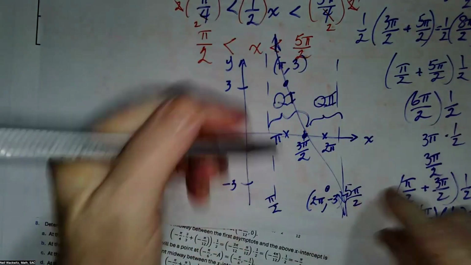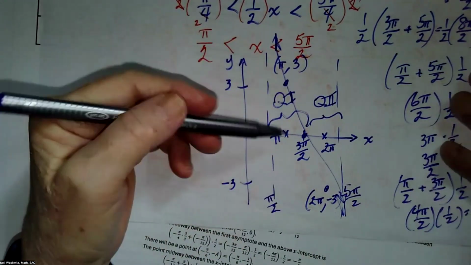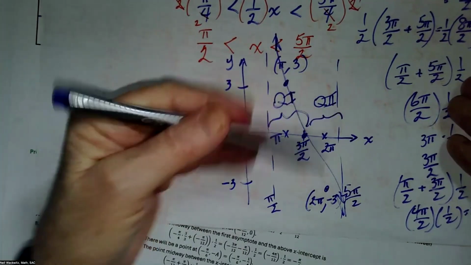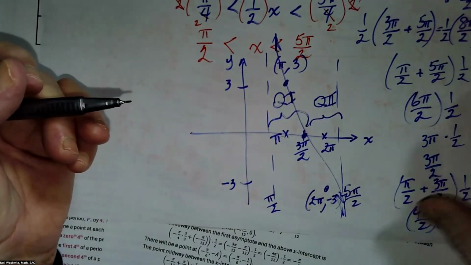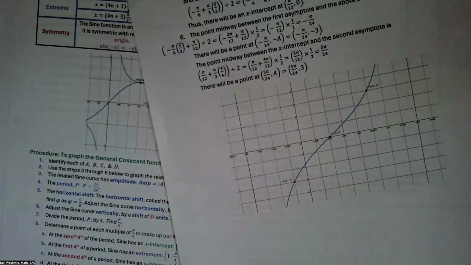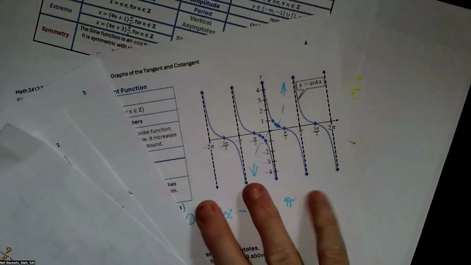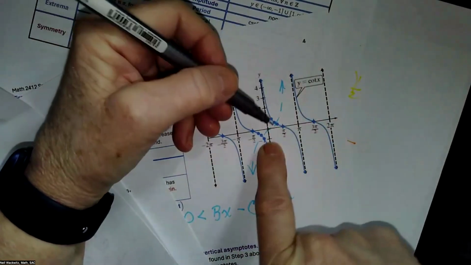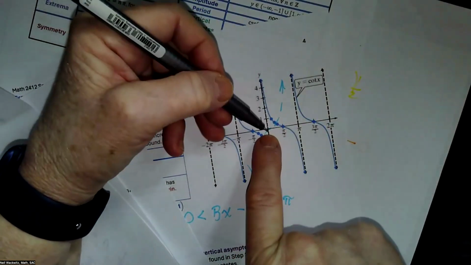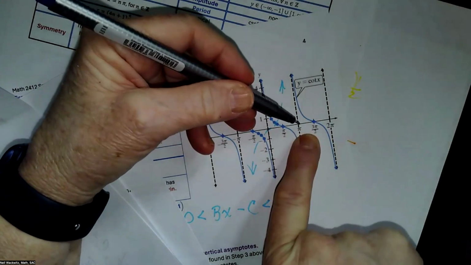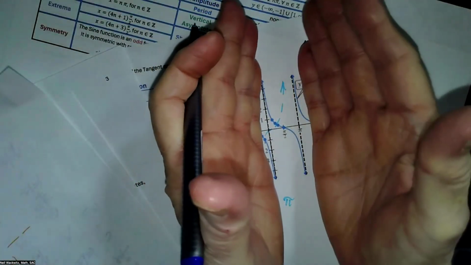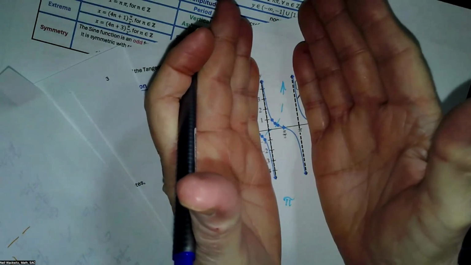And that tells me where the points need to be. In quadrant 1, we're positive, in quadrant 2, we're negative. Because cotangent starts at 0 and goes to pi, we're starting out looking at the first 2 quadrants.